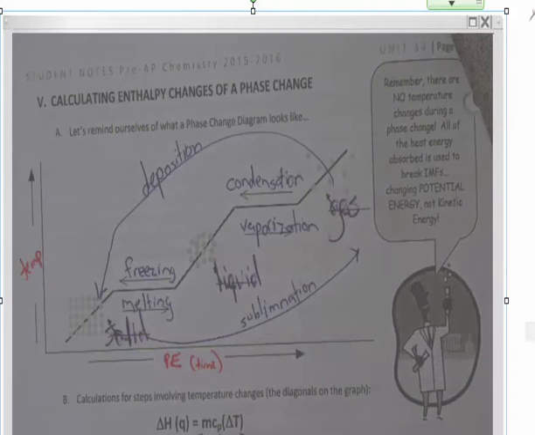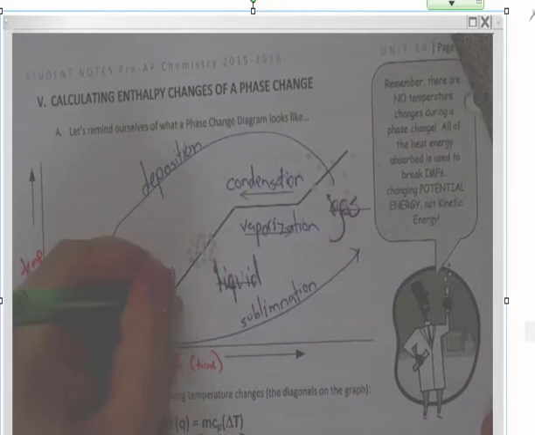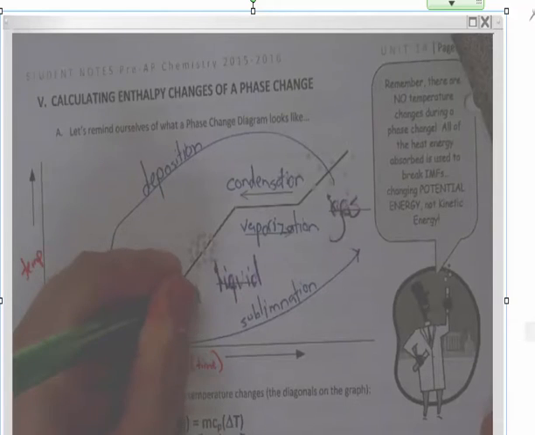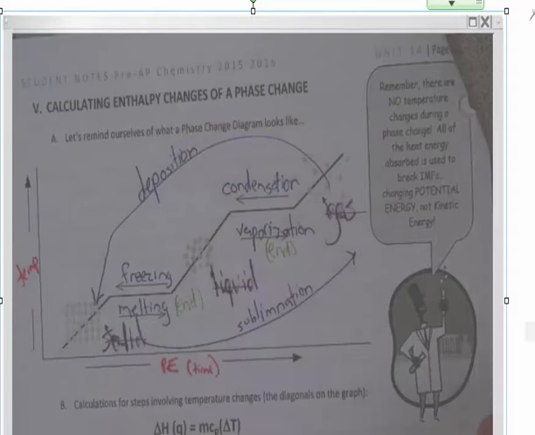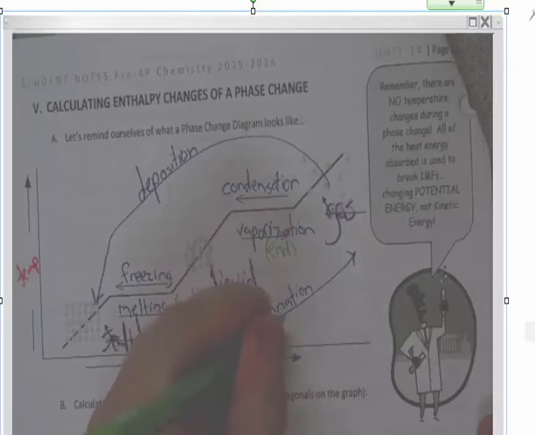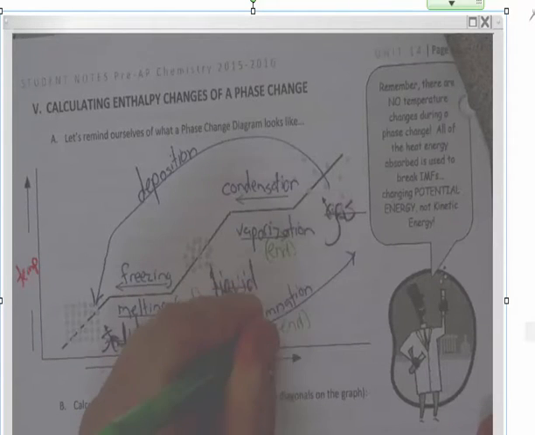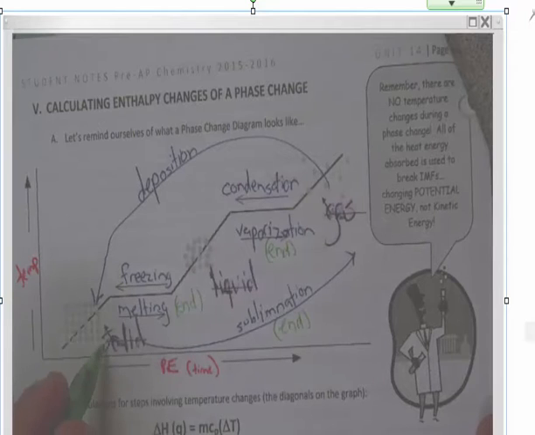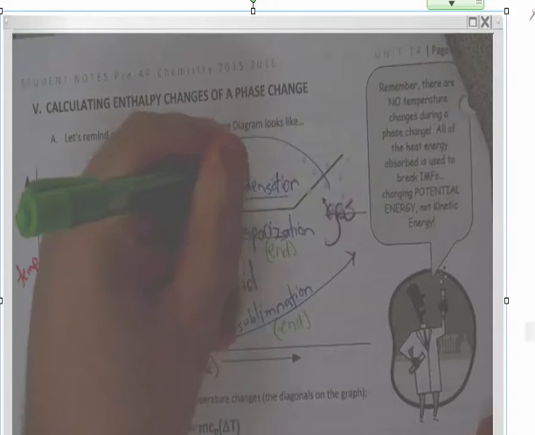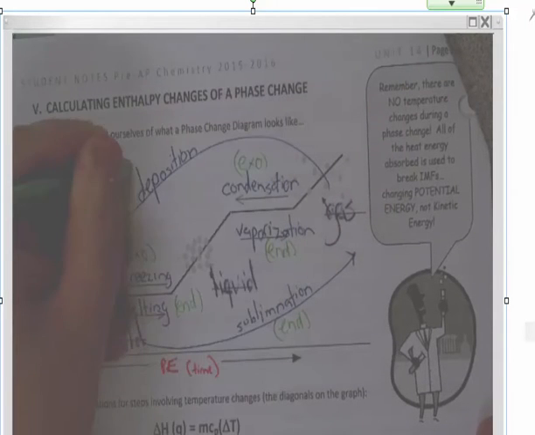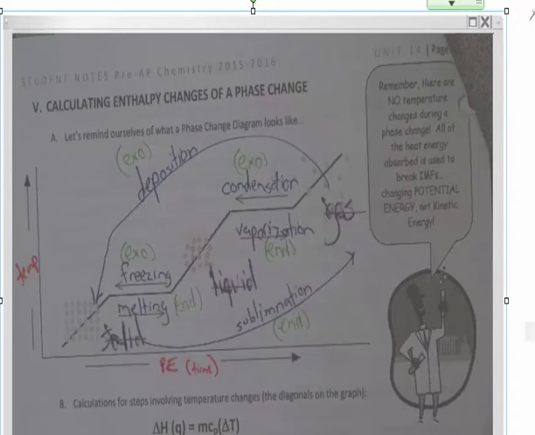Melting is endo, vaporization is endo, and sublimation is endo, because to melt something you have to heat it up on a stove. Freezing is exothermic, condensation is exothermic, and deposition is exothermic. That's our review of chapter 3.